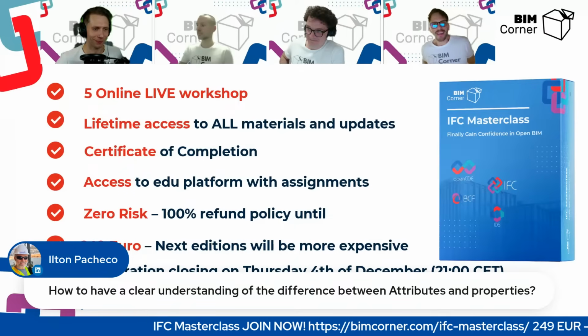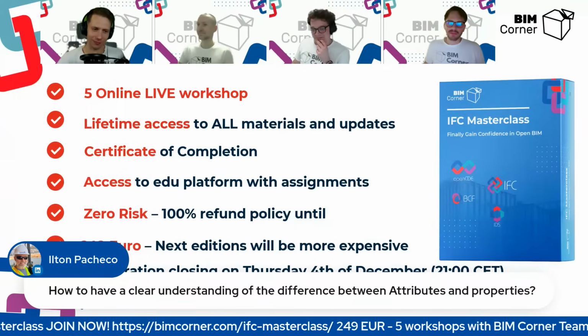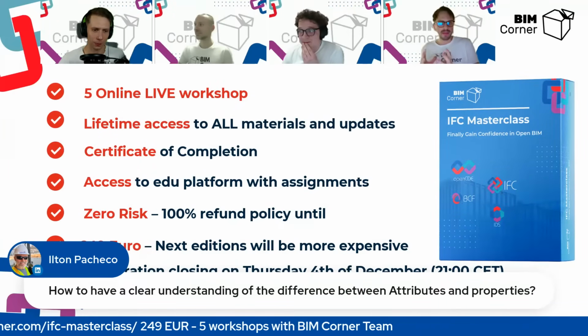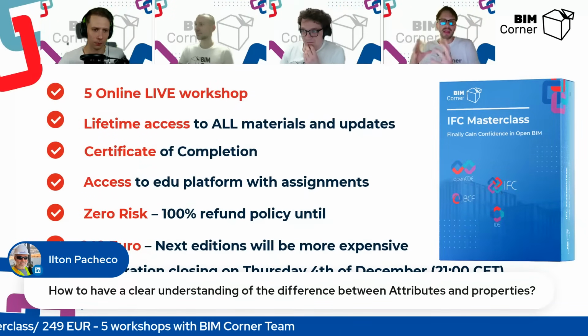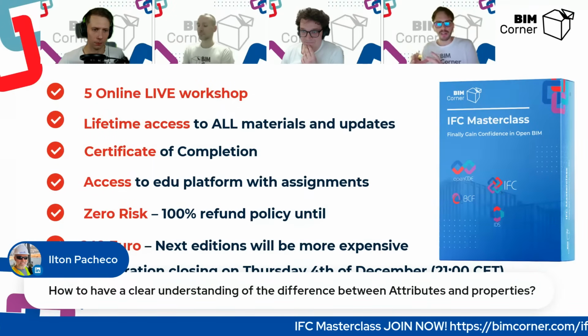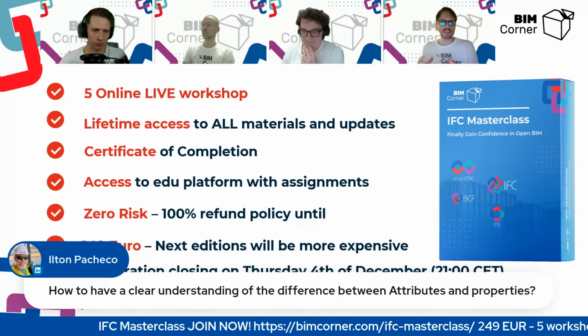Good question. Thank you. So, as I presented at the very beginning, we have a property set as an entity, and a property set can have different properties. Property sets are also defined by buildingSMART, but you can also have custom, project-specific ones.